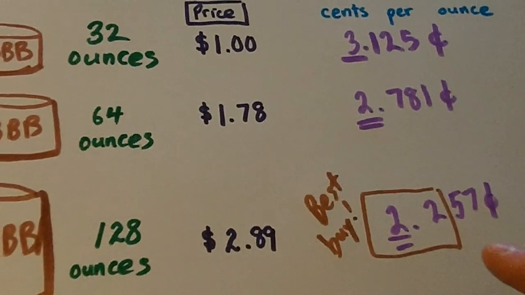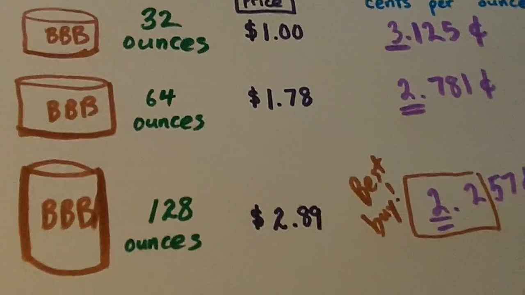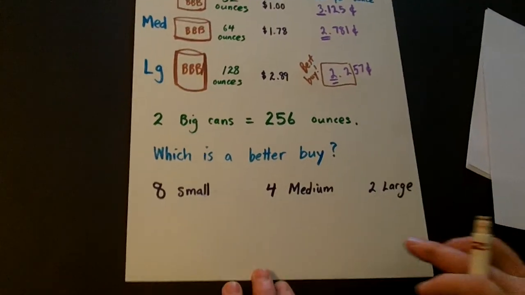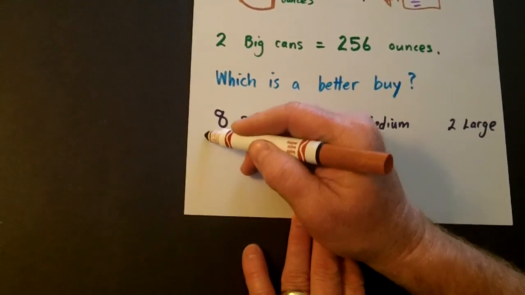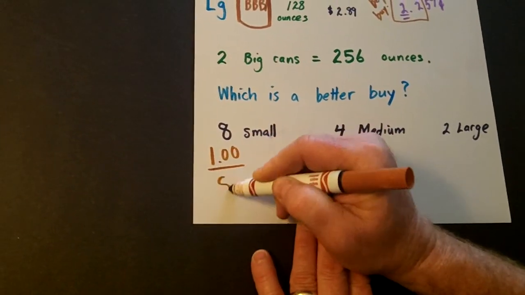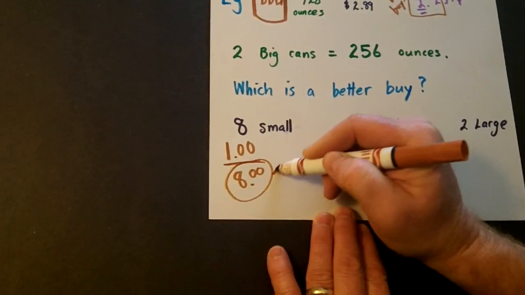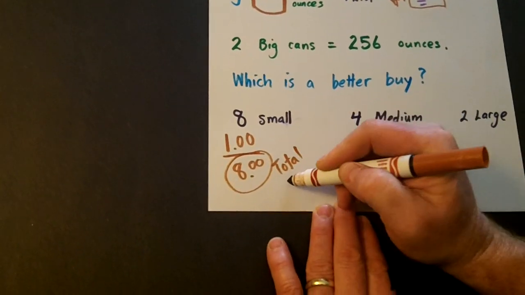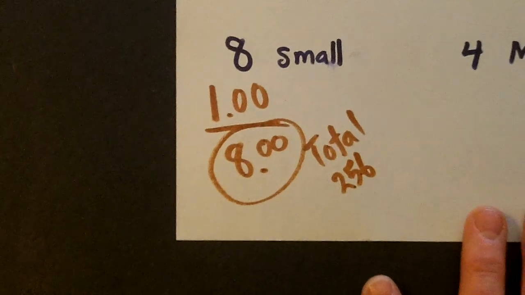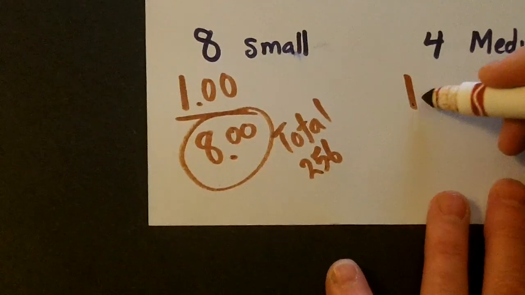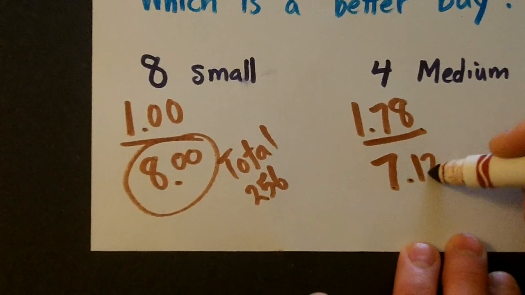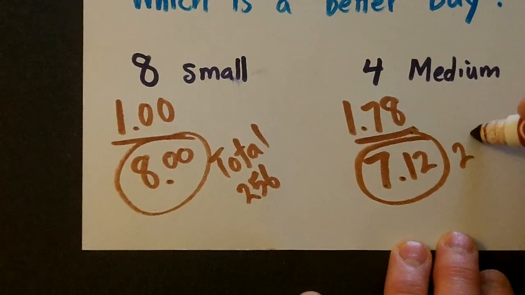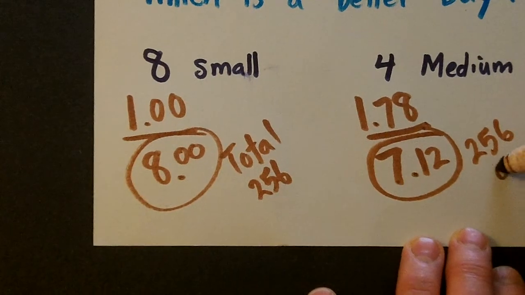Now we could also just simply say we could take 8 small cans and we times that by $1 per can to get $8 for a total price of 256 ounces. Now for medium at 1.78, that's equal to $7.12 for 256 ounces.